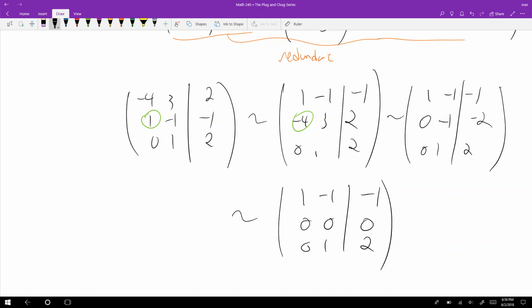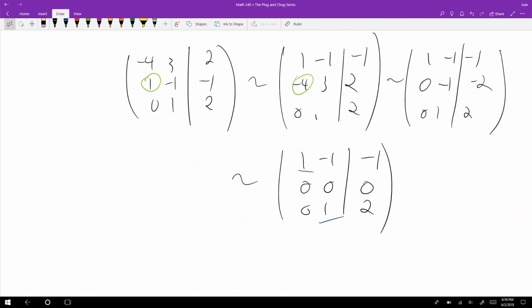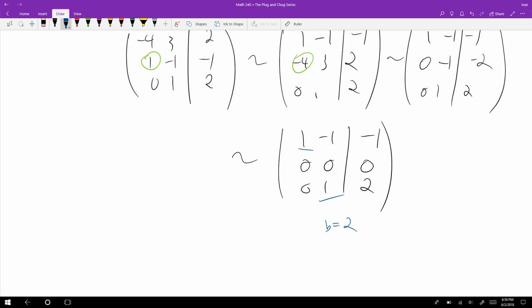And what does this mean? It means that it is consistent. Why is it consistent? Because here's a pivot, and I can find what b is. I can see that b is equal to 2, and then that tells me that a minus b is equal to negative 1. So a minus 2 is equal to negative 1, and then a is equal to 1.